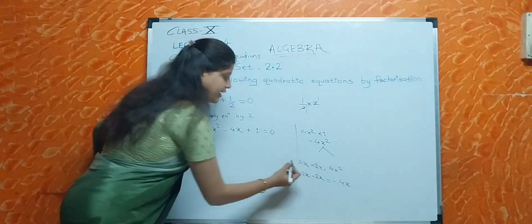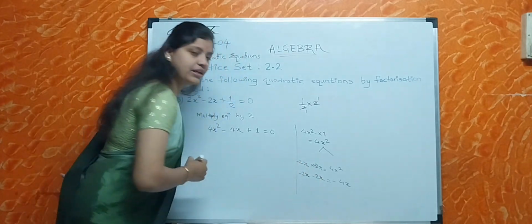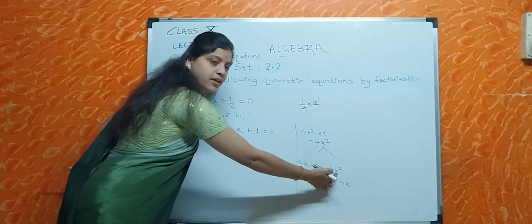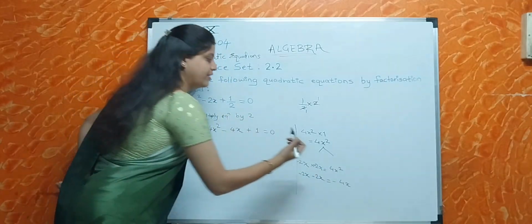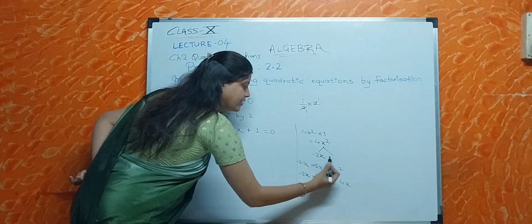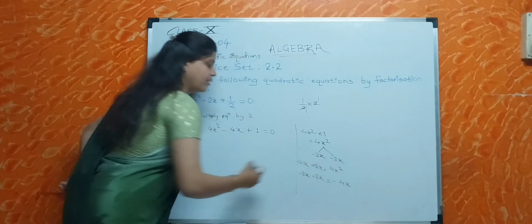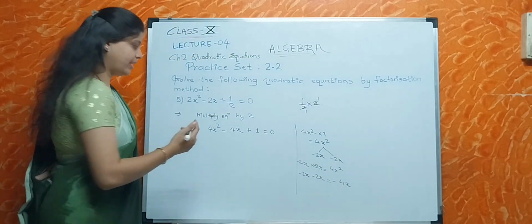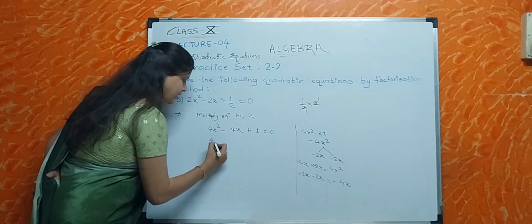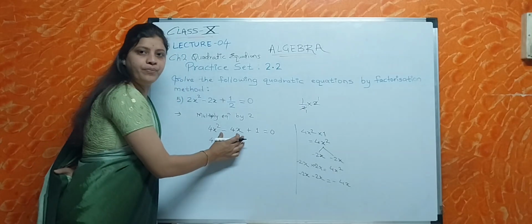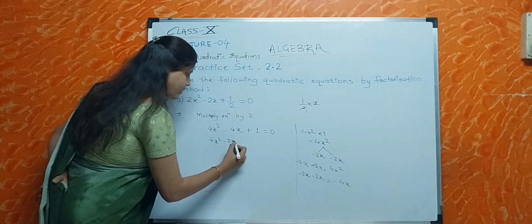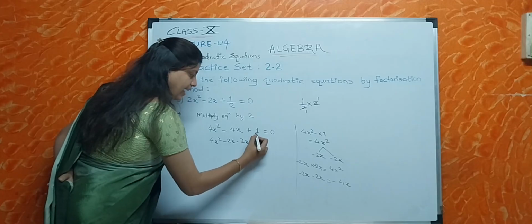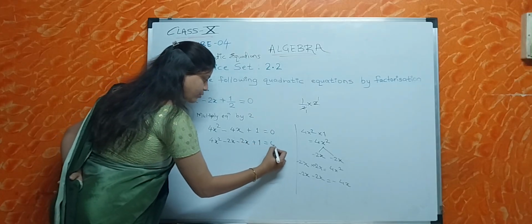Similarly, minus 2x into minus 2x, minus minus plus, 2x into 2x, 4x square. Our factors are minus 2x and minus 2x. Understood? Now the next step: first term as it is, in place of the middle term we will write these two factors, that is minus 2x minus 2x, and the last term as it is, equal to 0.